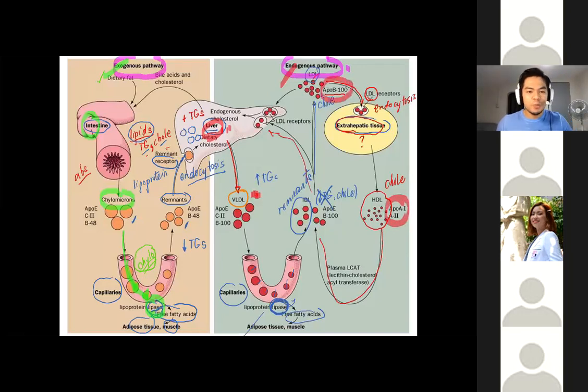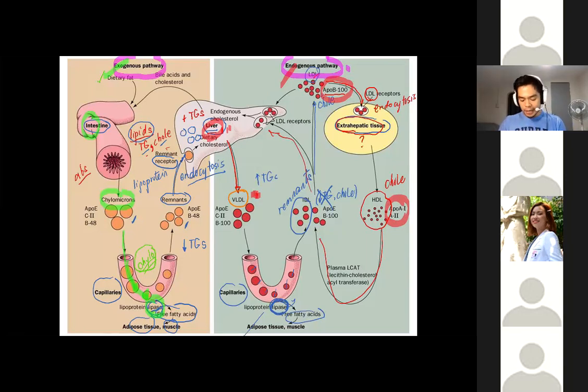So pag naiba ang apoprotein component, nag-iiba ang direksyon ng lipid na kinikerry. So that's why magkaiba ang direksyon ng HDL at LDL. Okay? So this is the figure explaining how the body handles lipids.